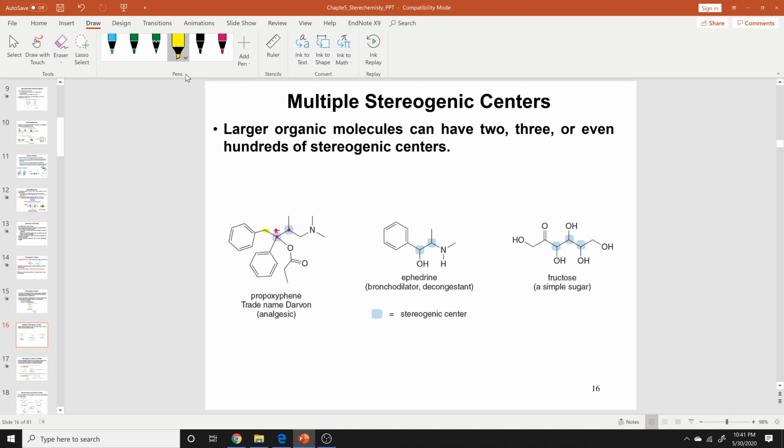Let me highlight this. So this is one group, this is the second, this is the third, and this is the fourth. Do you see it? All of that is the fourth. So this is a chiral center. The groups have to be different. This is a phenyl group, this is a CH2 phenyl, this is a benzyl group. A phenyl and the CH2 is called a benzyl. So these two are different. So this is why this is a chiral center.